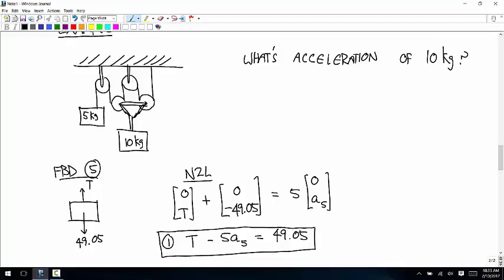And what would be the acceleration of the 5 kilogram mass? That's right, downward at 4.36. Yep. Here's why I was confused. I was imagining it like this.